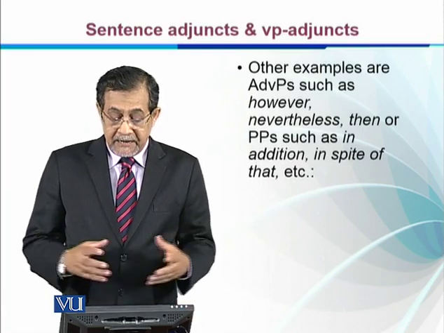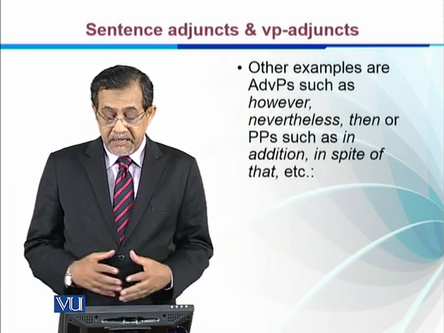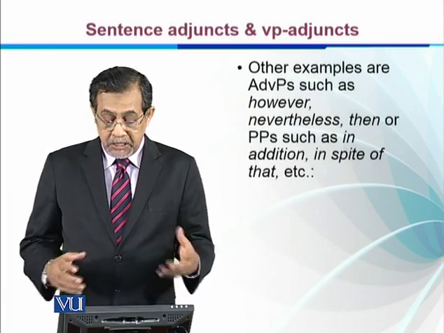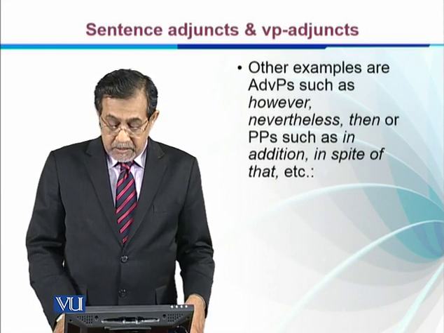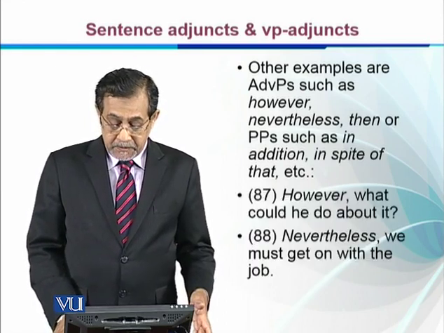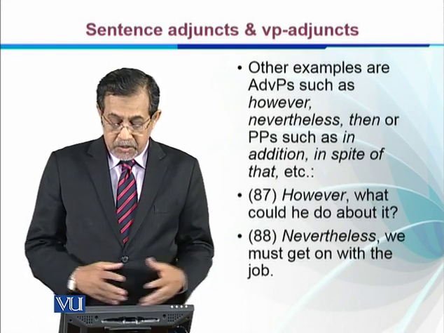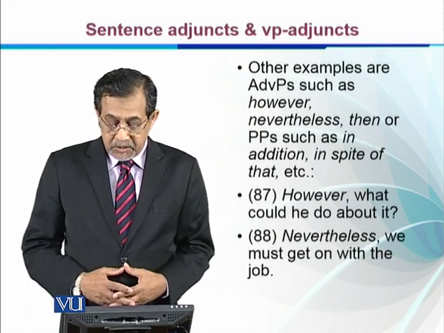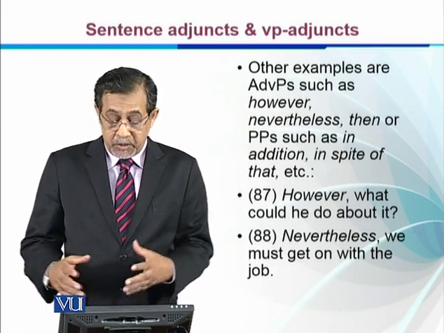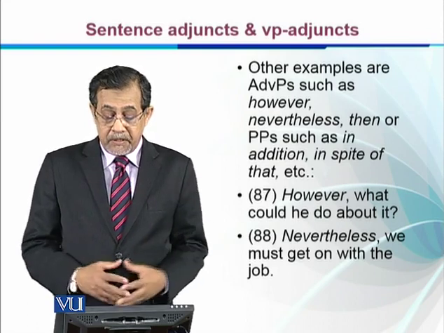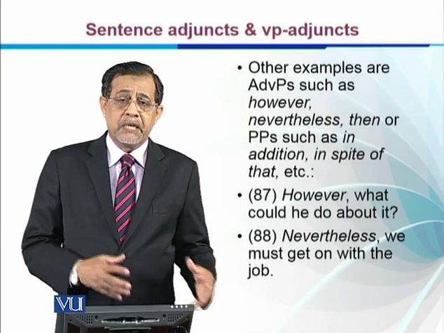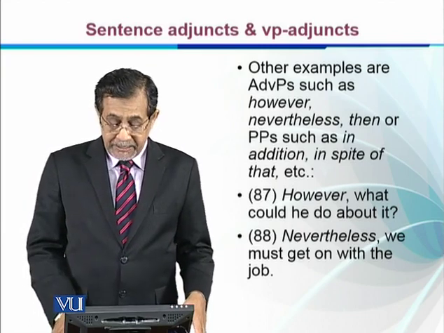Other examples are adverb phrases such as however, nevertheless, then, or prepositional phrases such as in addition, in spite of that, which are sentence adjuncts. However, what could he do about it? Nevertheless, we must get on with the job. These also have a relation with whatever has been said in the previous sentence, like yet.